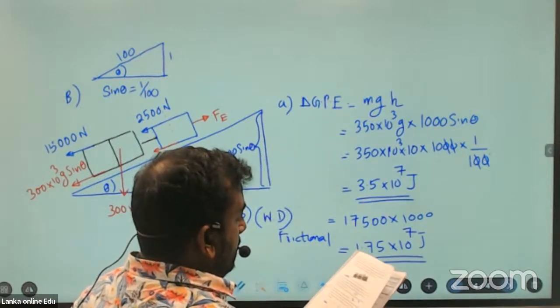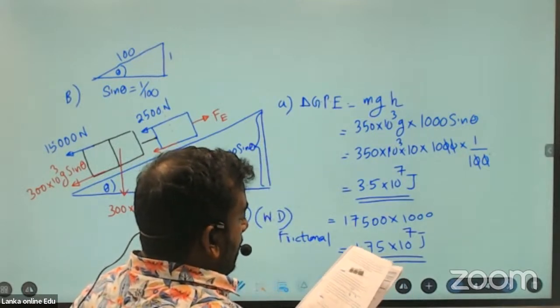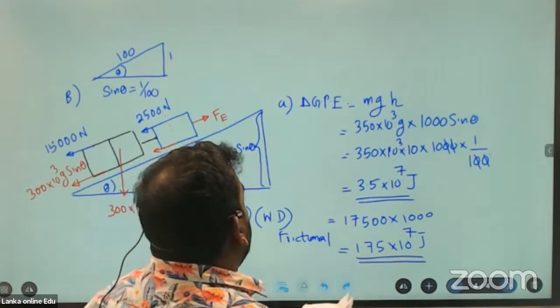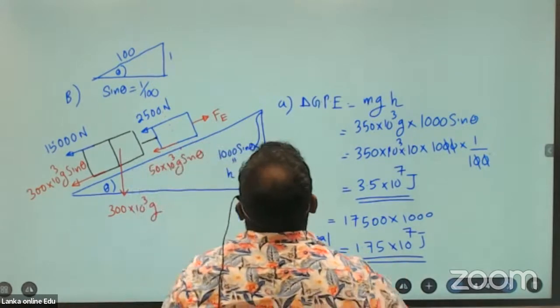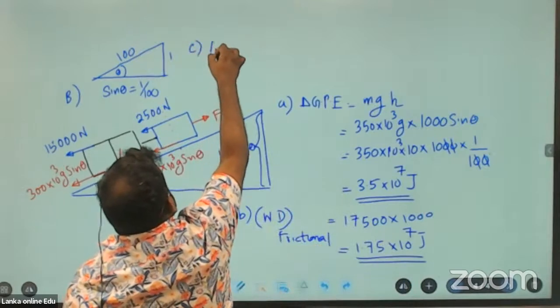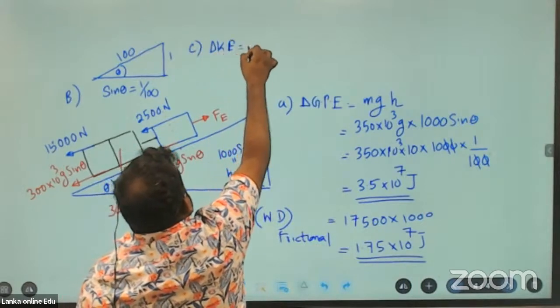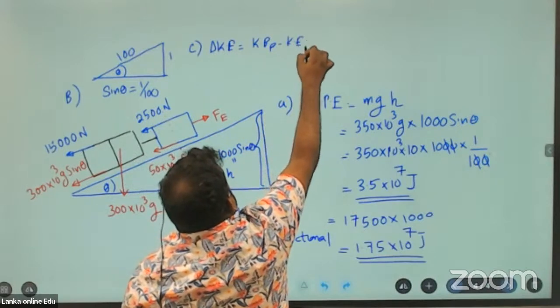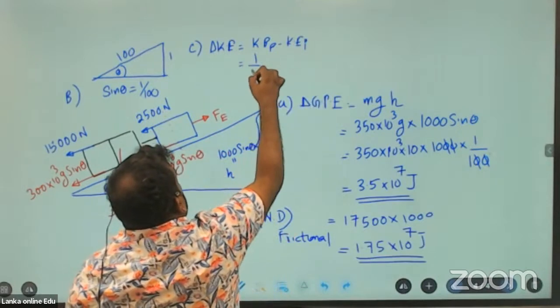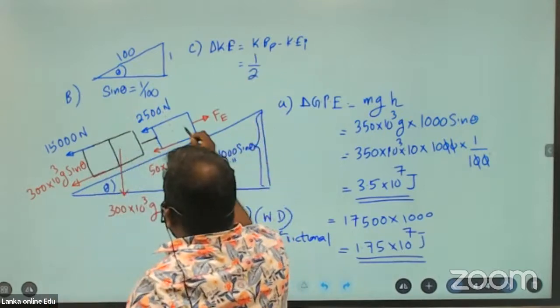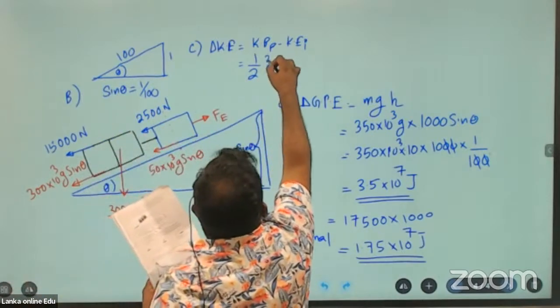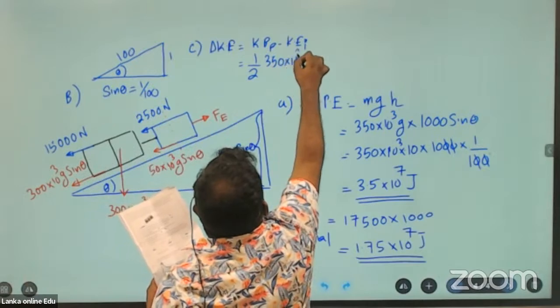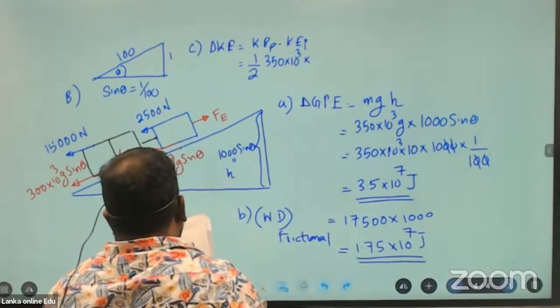Next is the increment of kinetic energy after moving 1000 meters. Part C I'll do here. Final kinetic energy minus initial kinetic energy. Final kinetic energy is half the total mass, 350 × 10^3, into velocity squared.